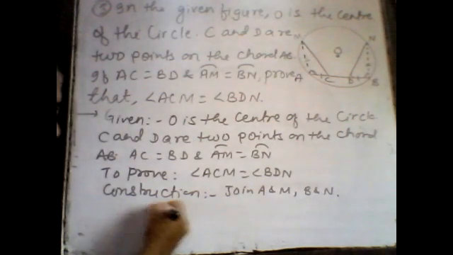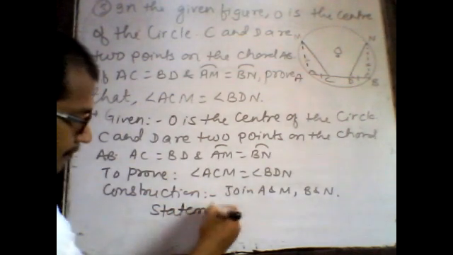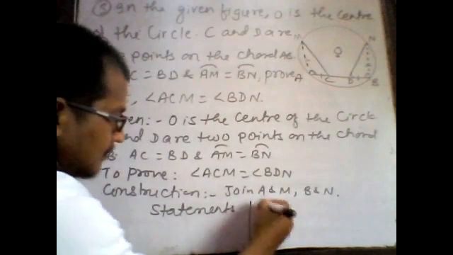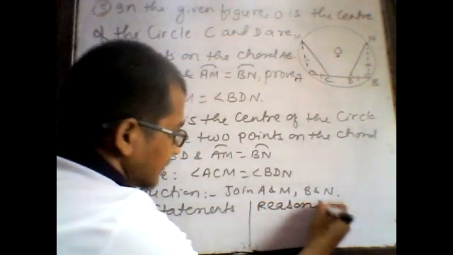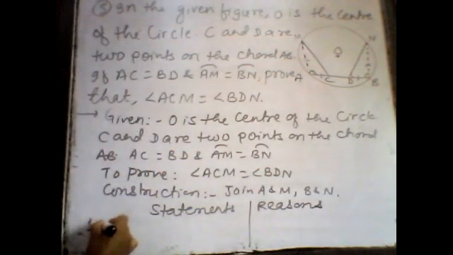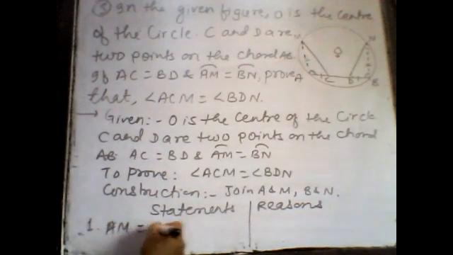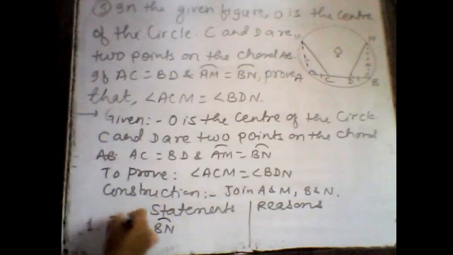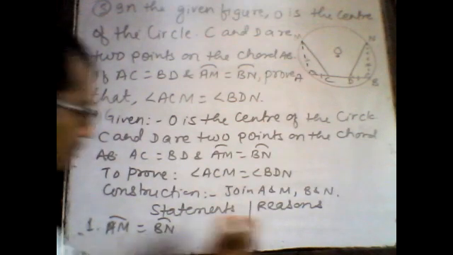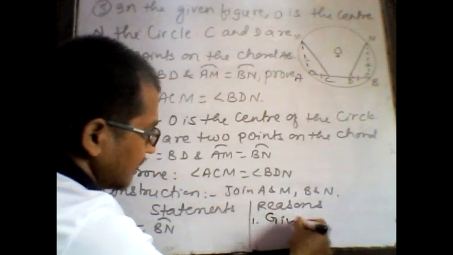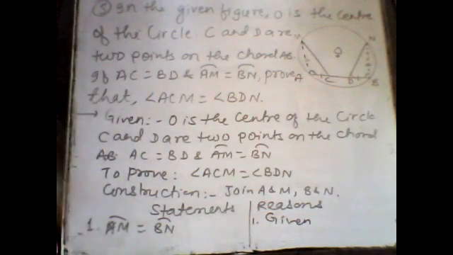So now the first step, giving some statements and reasons. Number 1, arc AM equals arc BN. Given.